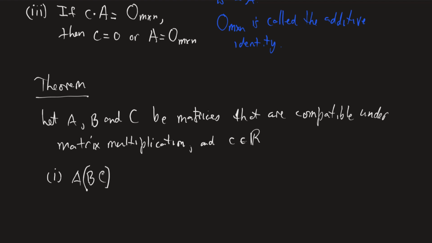I could group the last pair, compute that product, and then multiply A by the product, or I could group the first pair, compute that product, and then multiply that product by C, and it turns out we will always get the same result.